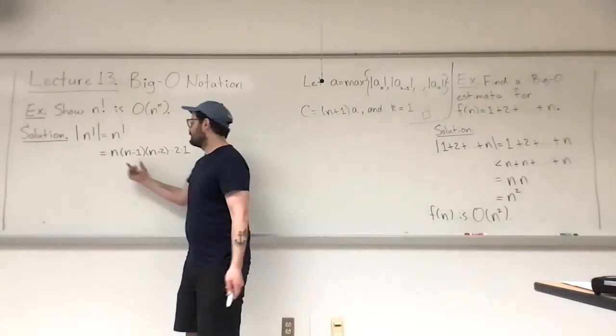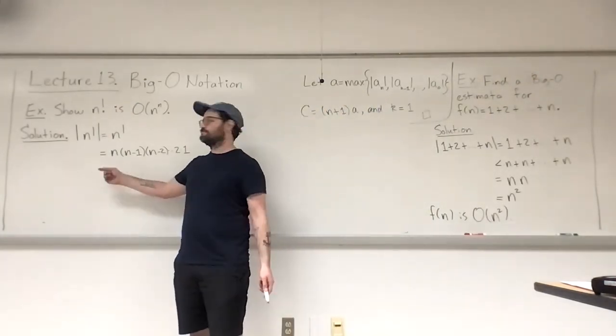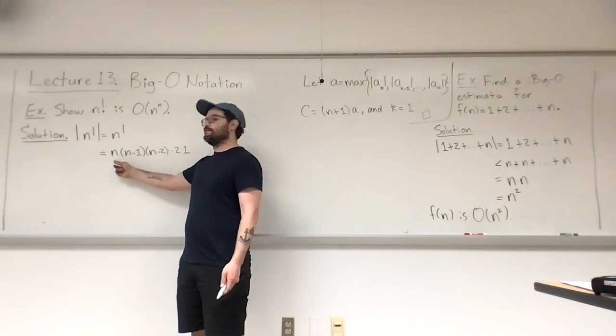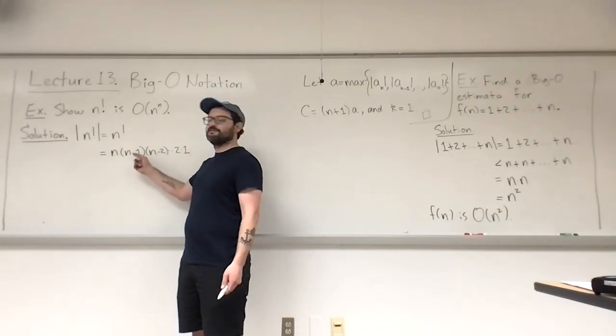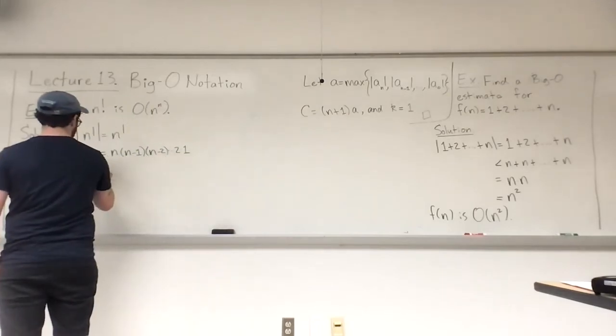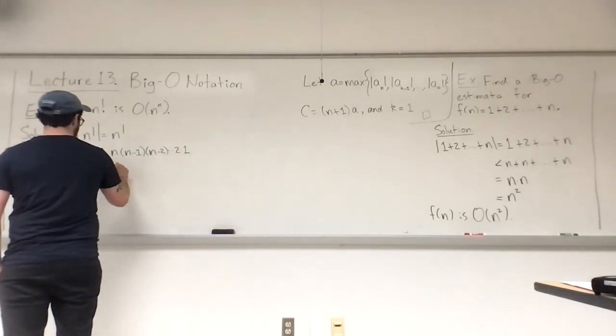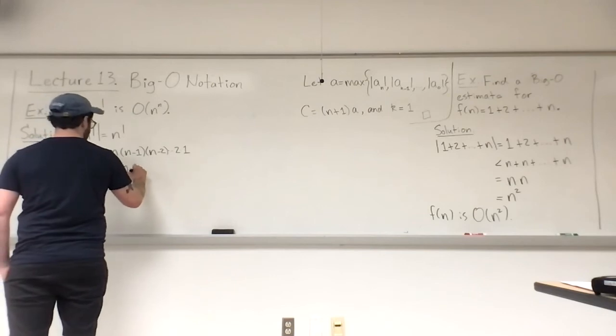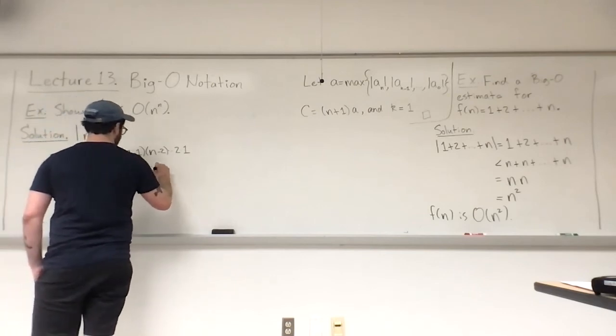what's the largest factor here? n, right? So that's greater than or equal to that. It's also greater than or equal to everything following it, right? So this is at most n times n times n times dot dot dot times n times n.